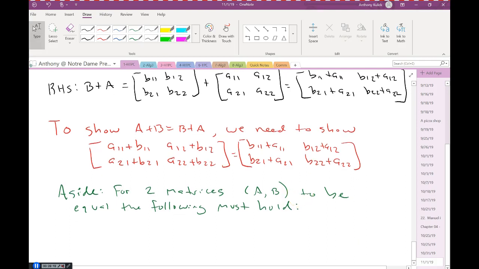For two matrices to be equal, two things have to be true. What do you think those two things are? If I asked you what does it mean for two matrices to be equal, what characteristics would they have to have? They have to have the same dimension, exactly, so that's one part.